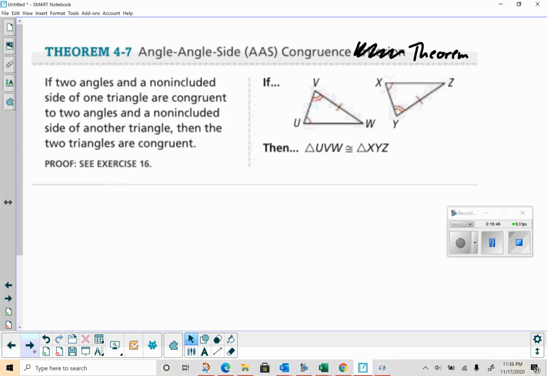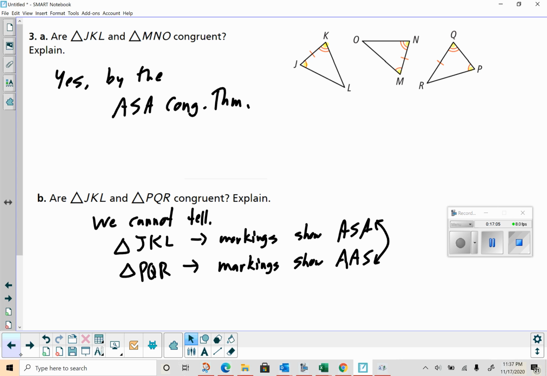So it doesn't matter if the way the picture is marked there is angle-side-angle or angle-angle-side. Both of these methods are valid congruence theorems. But keep in mind, if you're trying to prove that they're congruent, you've got to use the same theorem for both triangles. Okay?